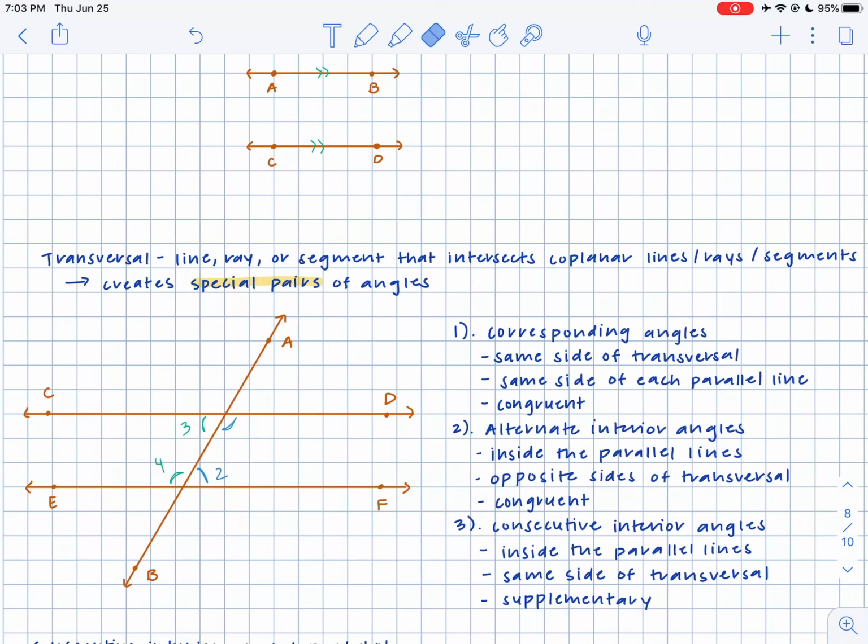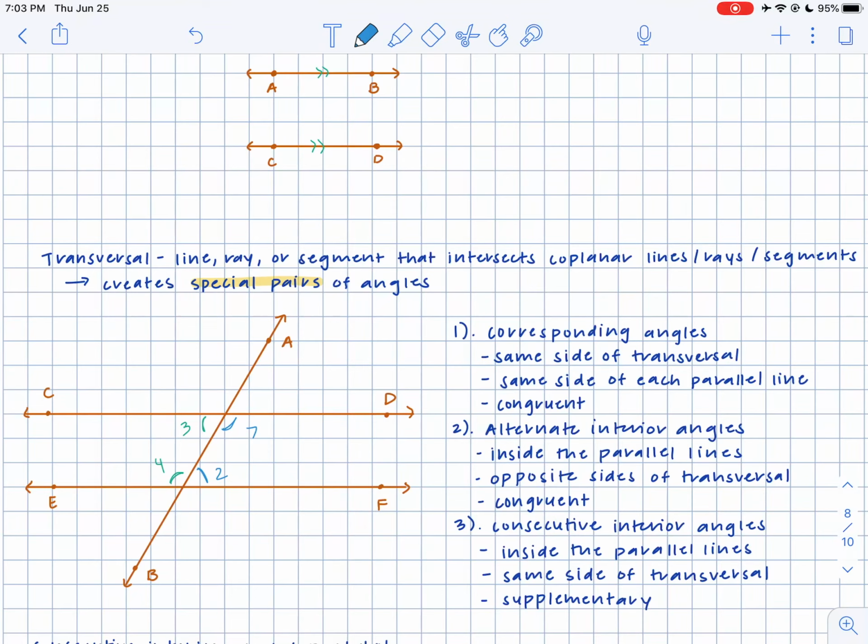And it's not because of their numbers, okay? If this one was angle 7, and this was angle 2, they're still consecutive because if you move down the transversal, here's the next angle. So they follow each other. Same thing here. If you look at this angle, now move down the transversal, there is another angle that follows.